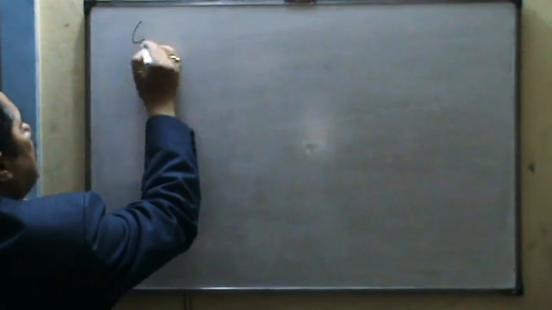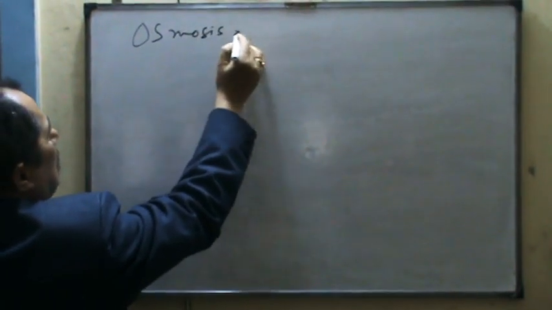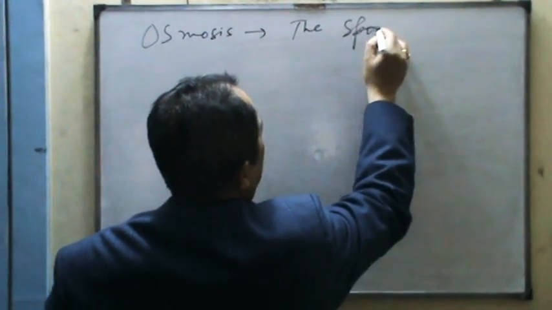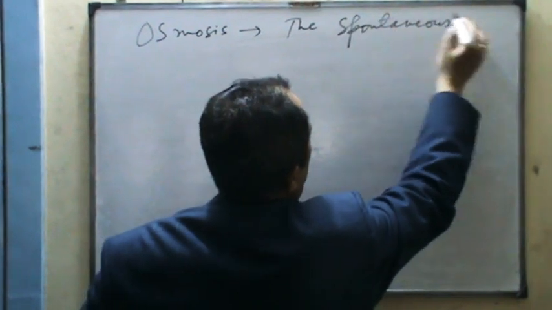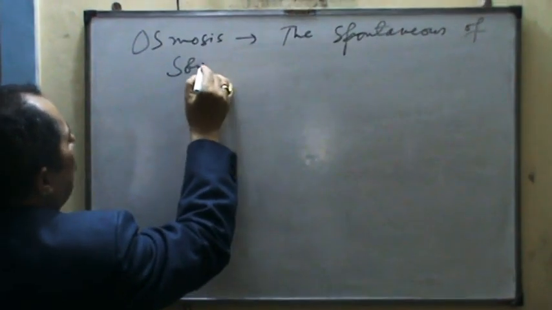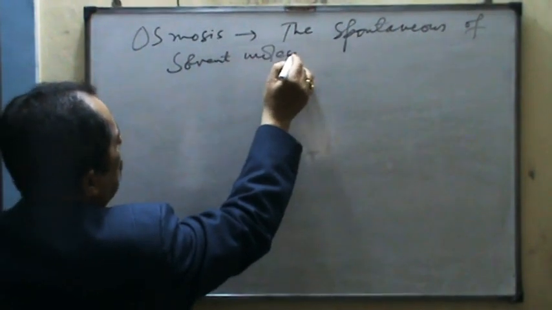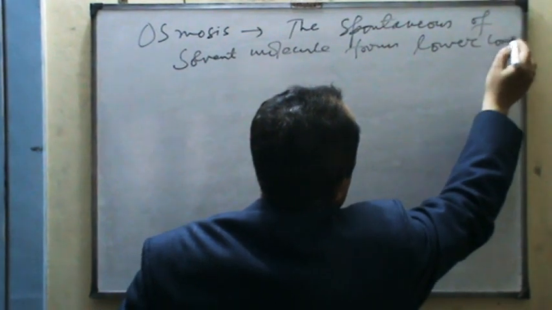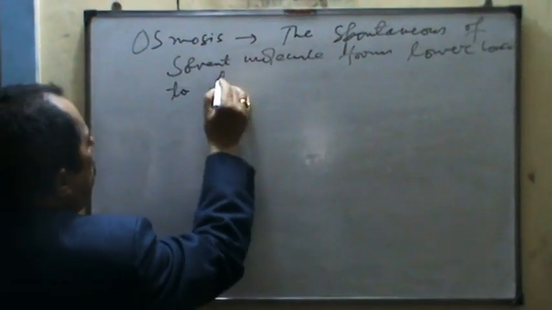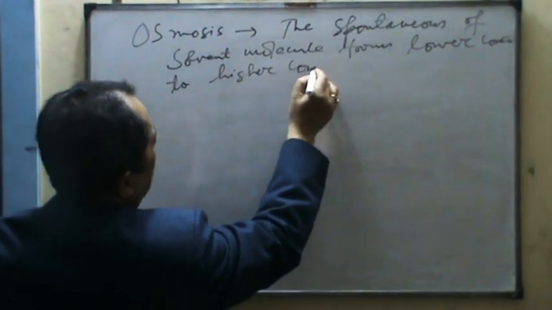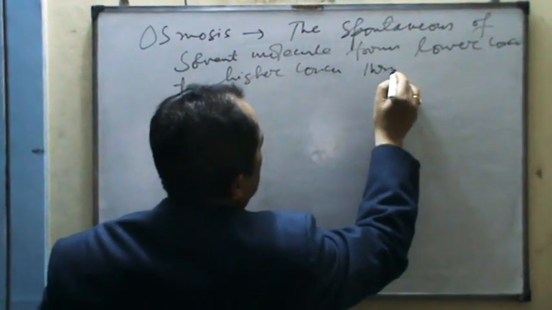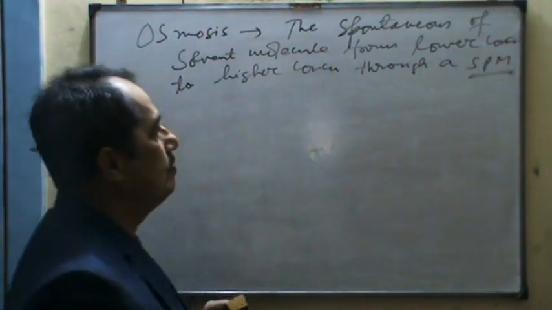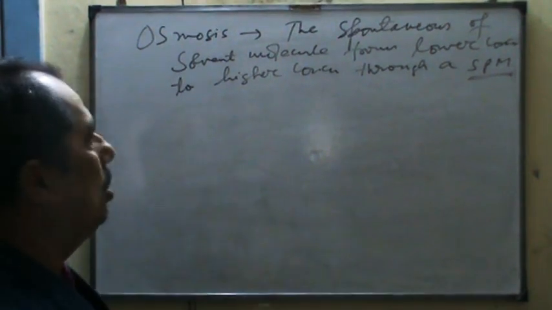And the next part is osmosis. Osmosis is defined as the spontaneous movement of solvent molecules from lower concentration to higher concentration through a semi-permeable membrane.